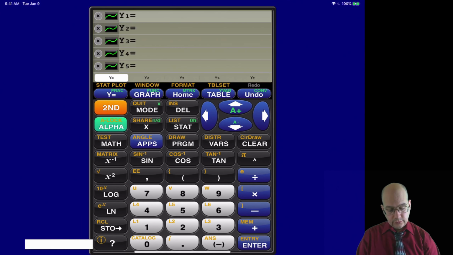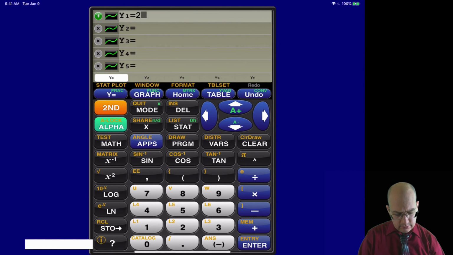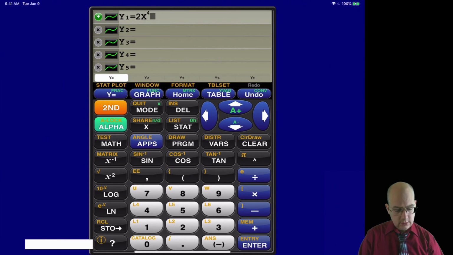So let me just plot this thing in here, 2x to the 4th minus 3x cubed plus 4x squared minus 7x plus 1. All right, so that's my function.